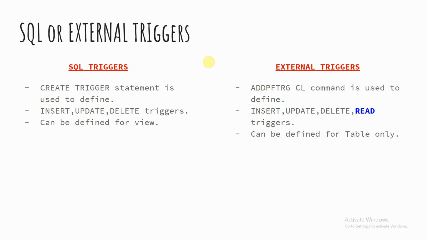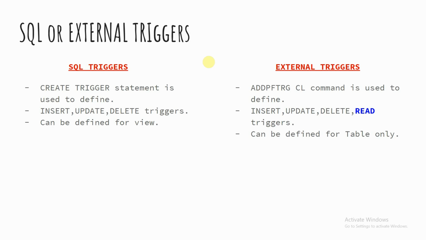The third thing is that SQL triggers can be defined for a table or view, but external triggers defined using the ADDPFTRG command can only be defined for a table, meaning PF only. We are using ADDPFTRG, not an ADDLFTRG command. PF denotes the physical file, so it only applies to the table or PF, not to the view or LF.